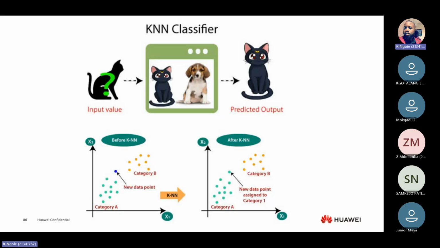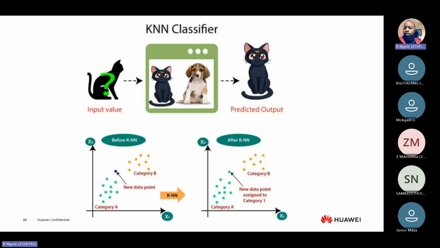The KNN can be used in this scenario where you train the data to understand how to detect dogs and then how to detect cats. So whenever you bring new data, it can take it to category B or category A based on the majority of features of that image.